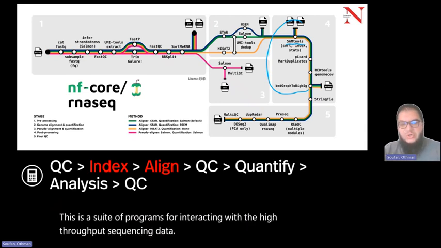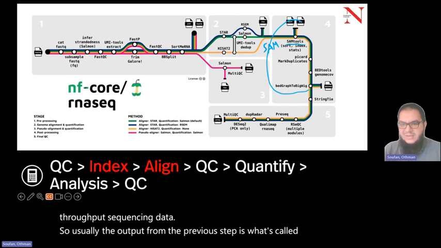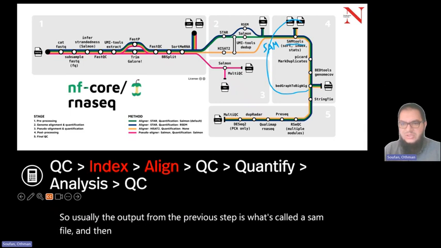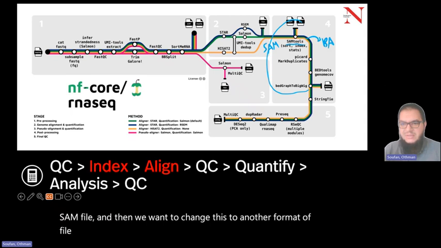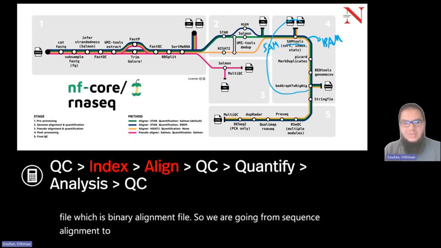Usually the output from the previous step is what's called a SAM file, and then we want to change this to another file format, which is a binary alignment file. So we are going from Sequence Alignment Map to Binary Alignment Map. Why?